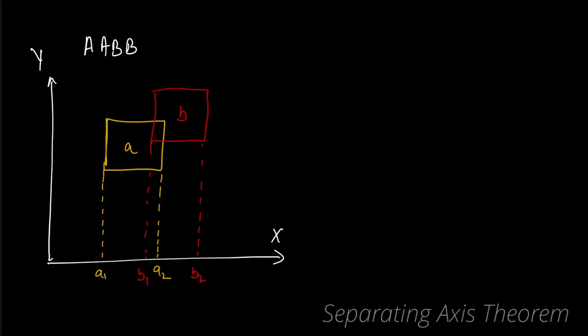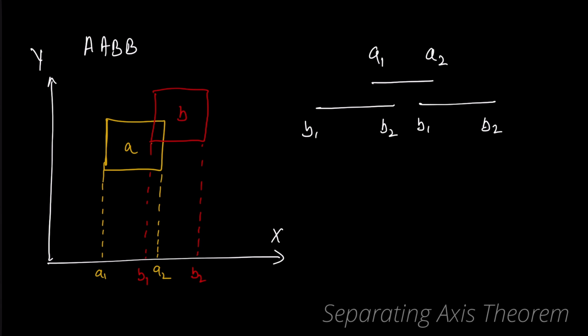How do we know if there is an overlap? Let's look at these ranges. We can say we have A1, A2 as one range, and now if we want there to be overlap, it could be the case that either B1, B2 is overlapping from the left, or B1, B2 is overlapping from the right.